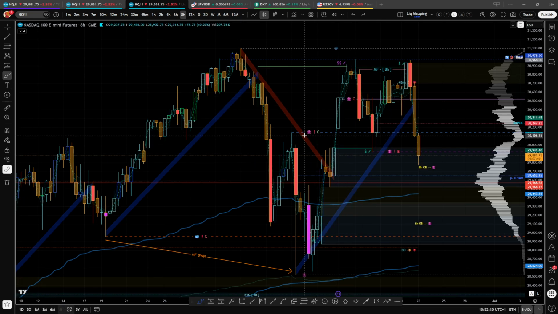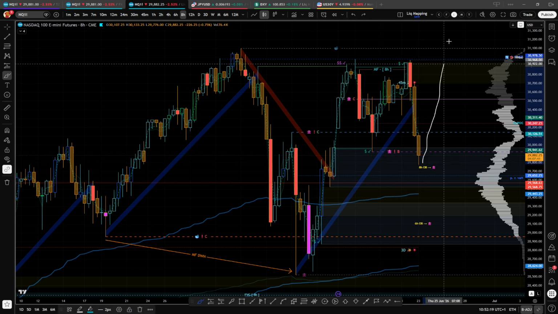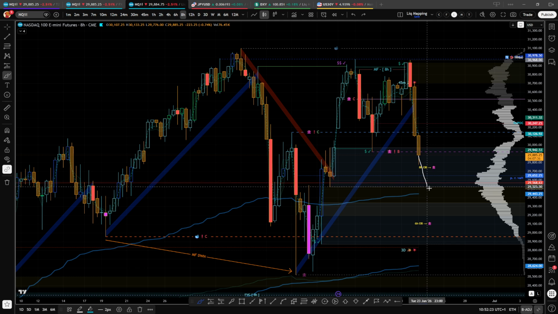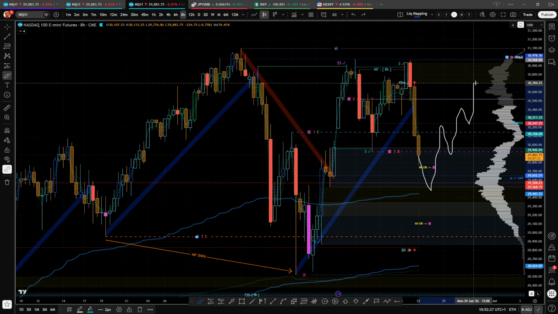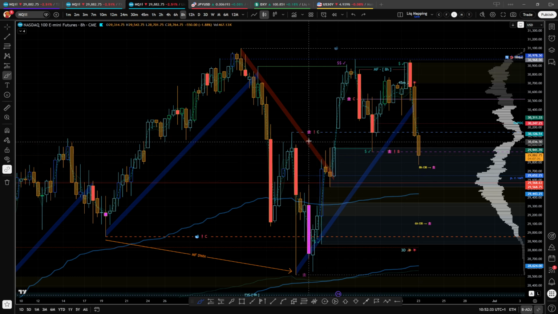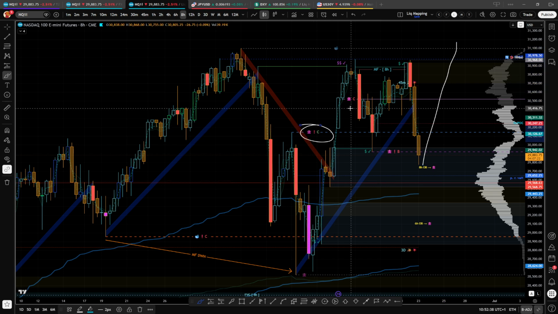For example, exclamation mark on this guy changing to none would be taking liquidity. Now it can just take this, but it would have to clear here. But taking liquidity, and then if we do get a lot of bullish momentum up here, I can start thinking about marking this. But I like to see just a straight up break of structure before I change this.